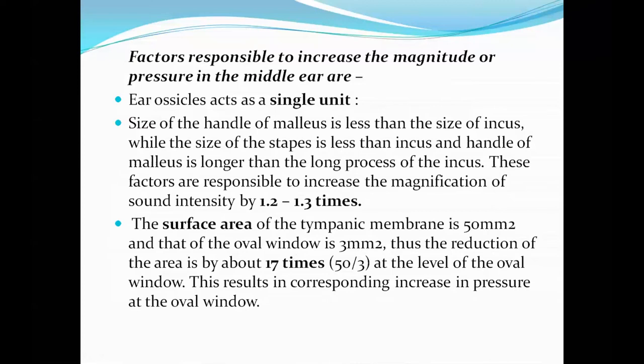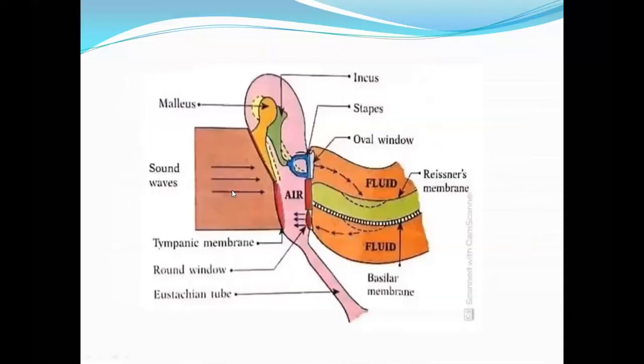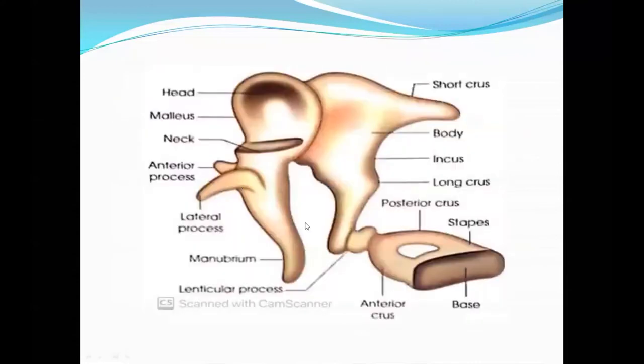Factors responsible for increasing the magnitude of pressure in the middle ear. These are the factors. The ear ossicles act as a single unit. Now we can see that the size of the handle of the malleus is less than the size of the incus, and the size of the stapes is less than the size of the incus.